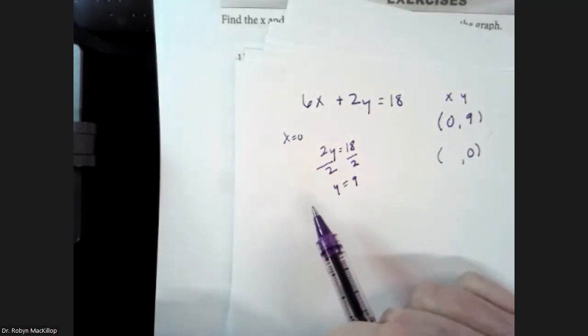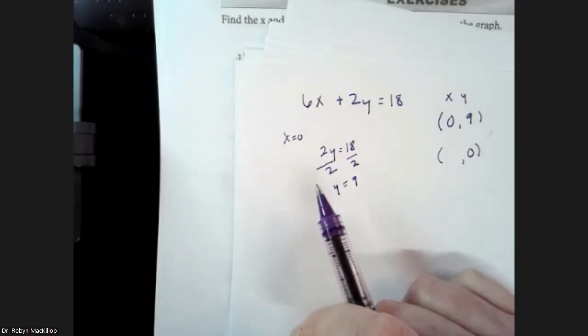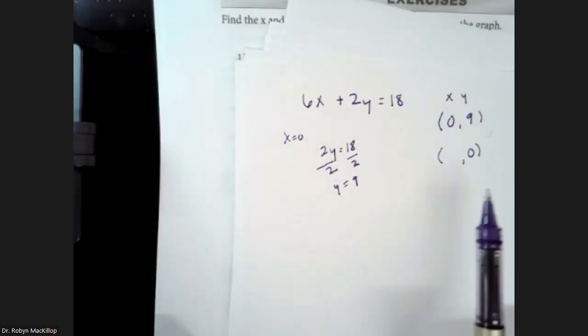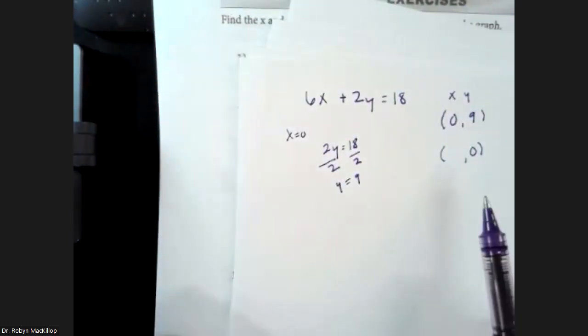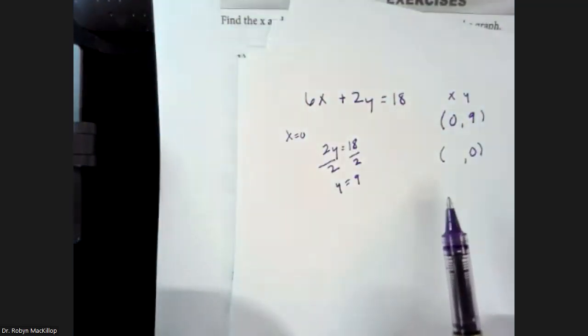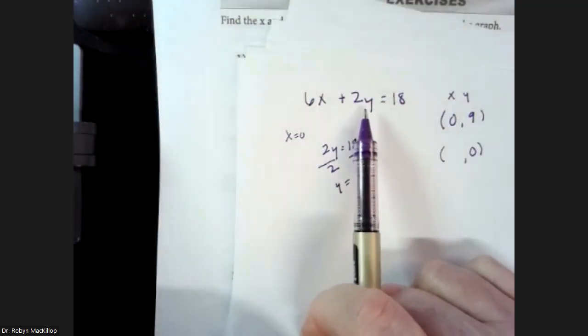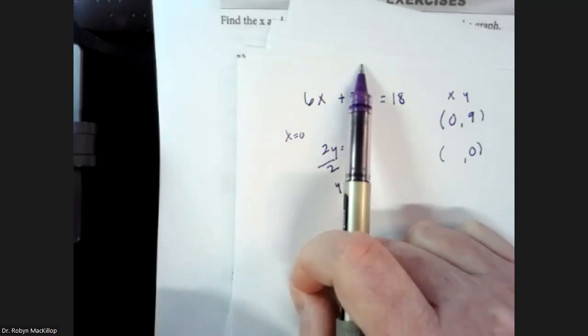So you did the first part. Now, forget everything you just did. Go back to the original equation. This time, we're going to zero out Y. So 2 times 0 is nothing.